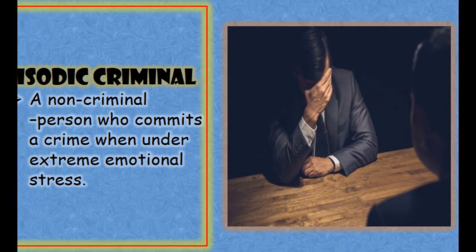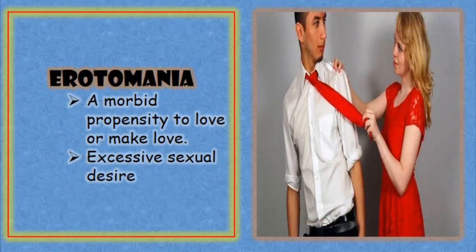And then the next one, we have here the so-called erotomania. So, what is erotomania? So, simply, it is a morbid propensity to love or make love. When it speaks of morbid or morbidity, it is synonymous to abnormalities. So, morbid propensity to love or make love or excessive sexual desire. Okay, so meron yung mga tao na ganito, di ba? Sobrang addict na addict.